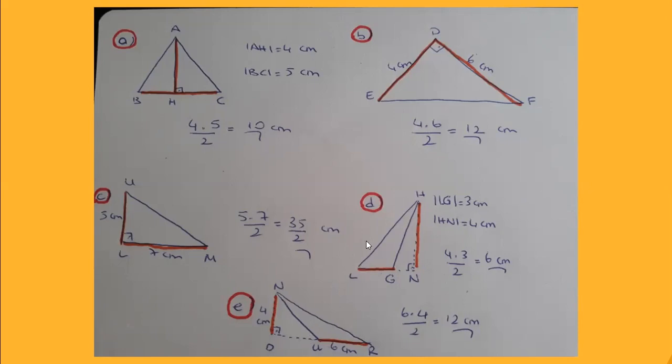These are right angle triangles. So, for this side, the height is here. For this side, the height is here. Can you see? Yes. Okay, done. 4 times 3 over 2 is equal to 6. Okay? And for E, 6 times 4 over 2 is equal to 12. Okay?